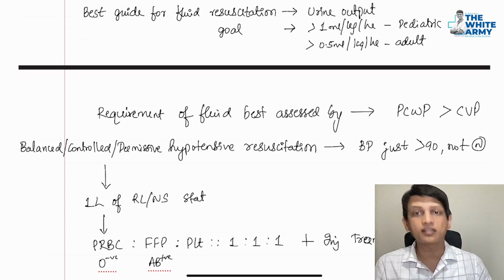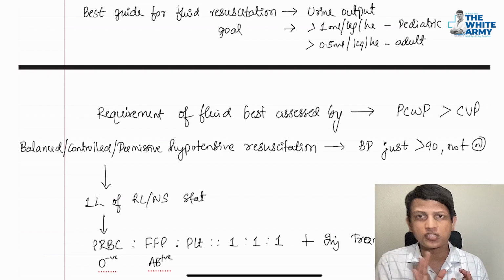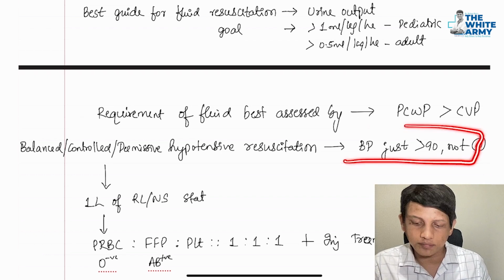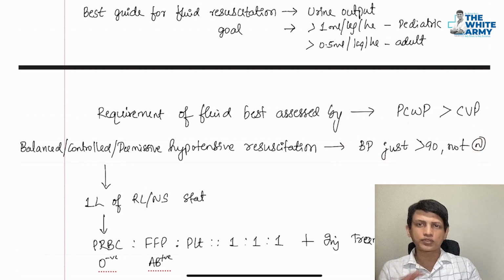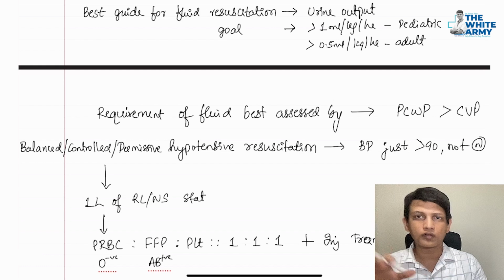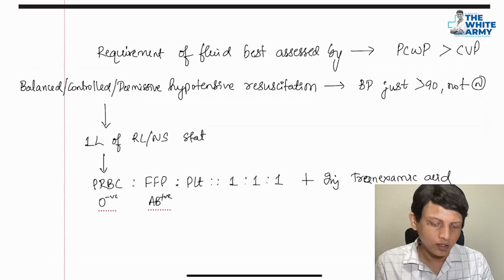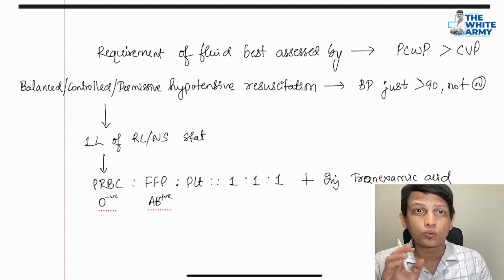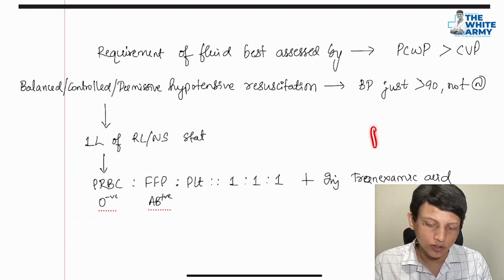A little bit of hypotension is good, as it decreases the bleeding. BP just above 90 is enough, so that the mean pressure is maintained for the vital organs to get blood. You maintain that pressure by giving 1 liter of crystalloid, RL or NS, stat. Earlier, in earlier ATLS guidelines, it was written 1 to 2 liters.